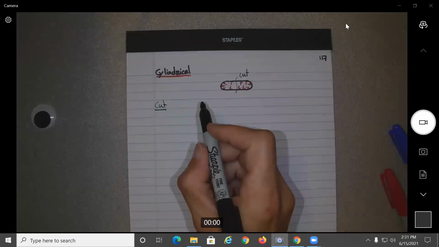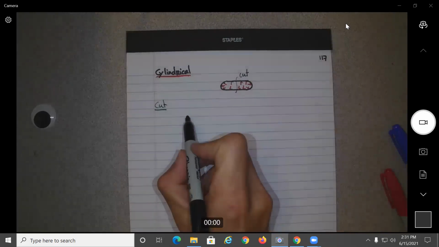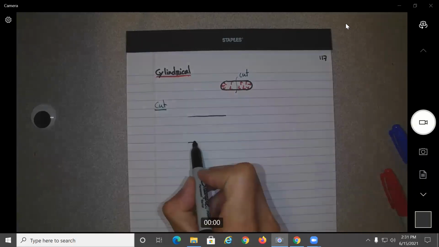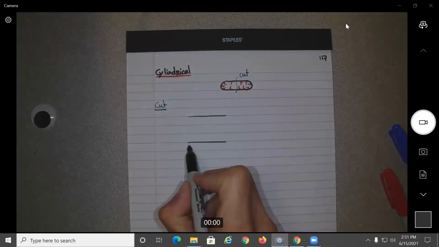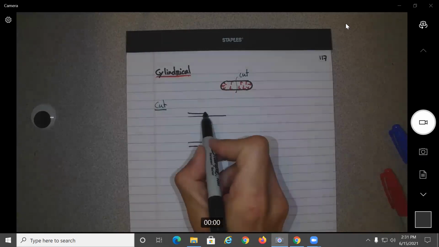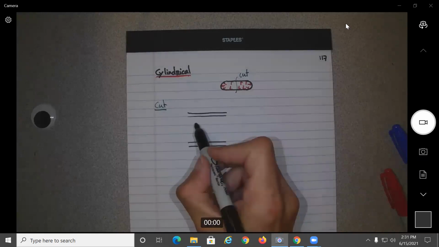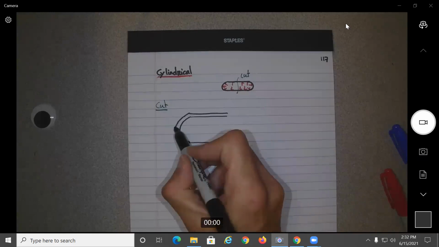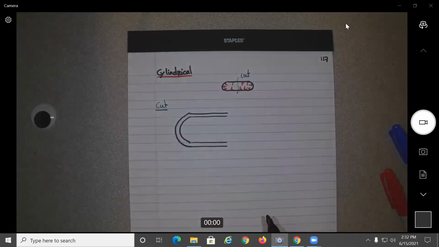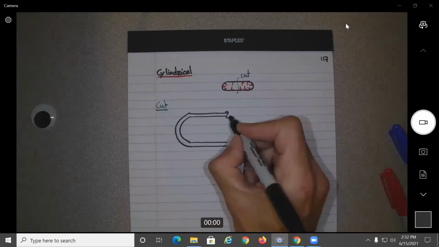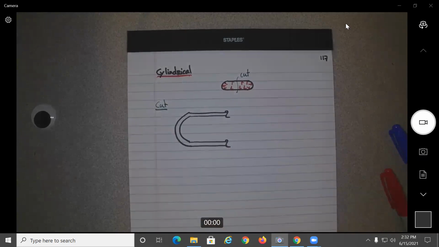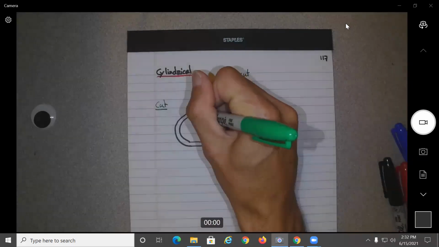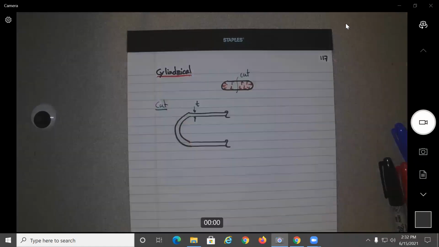So if I make the cut over here, like before, this will be the thickness.